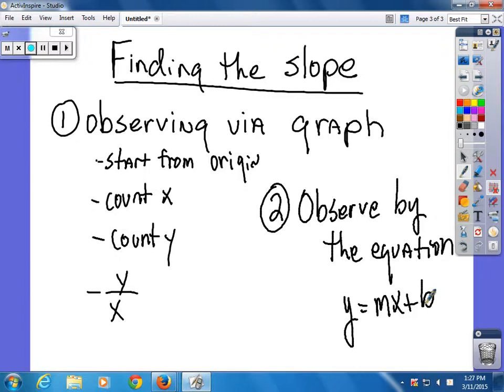So I'm going to use this example. Y is equal to negative 3x plus 2. So you will take your handy dandy highlighter and you will highlight that m and whatever's in that spot. Now I told you slope is vertical over what? That is a whole number.